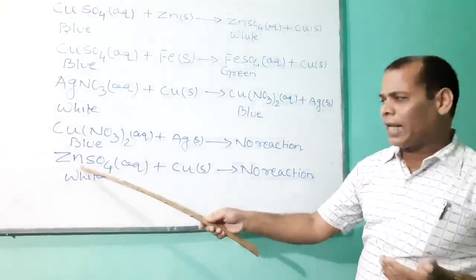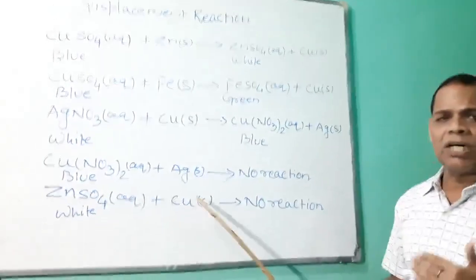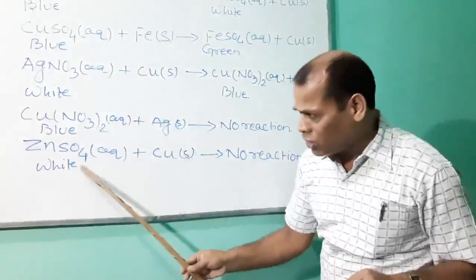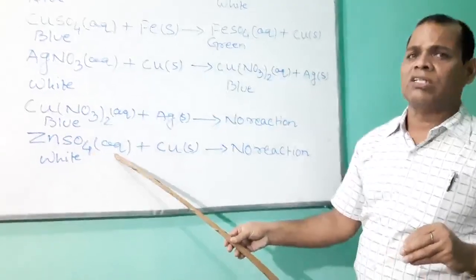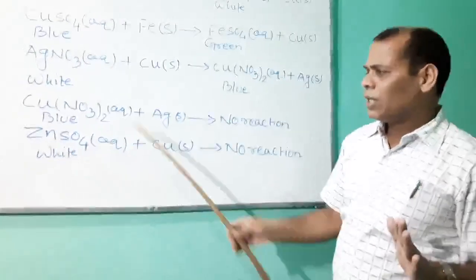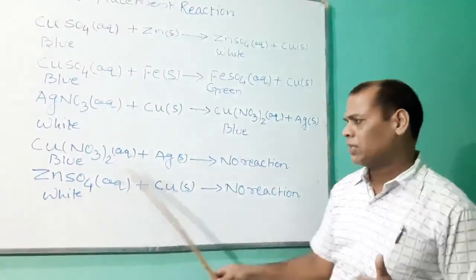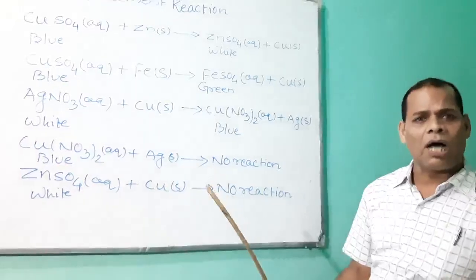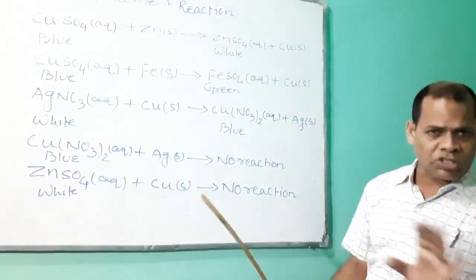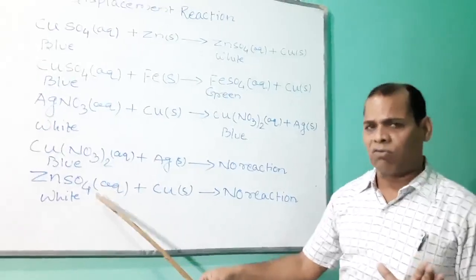Again, if you take an aqueous solution of zinc sulfate that is white and put in copper metal, rub the copper metal with sandpaper before putting it into this solution. After half an hour, if you observe, there is no change in the color of the aqueous solution.